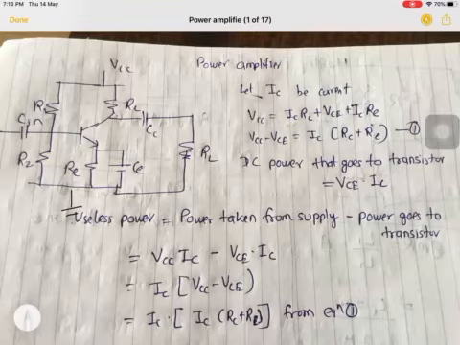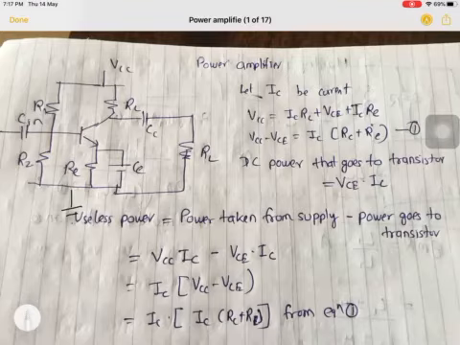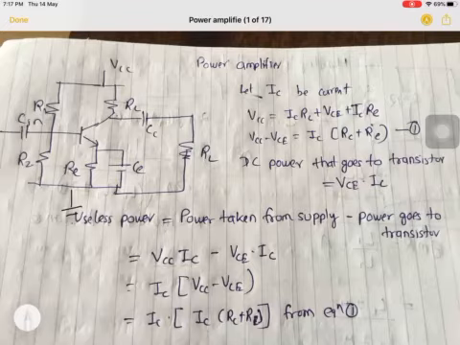Now we have to calculate useless power. What is useless power? Power taken from the supply, the net power that is given to the circuit, minus the power that goes to the transistor. Means out of total power given to the circuit, how much power goes to the transistor? So VCC IC is the total power taken from the supply, VCE IC is the power that goes to the transistor.